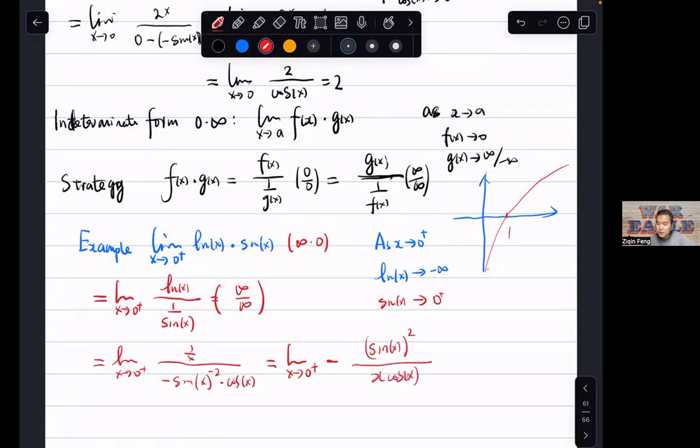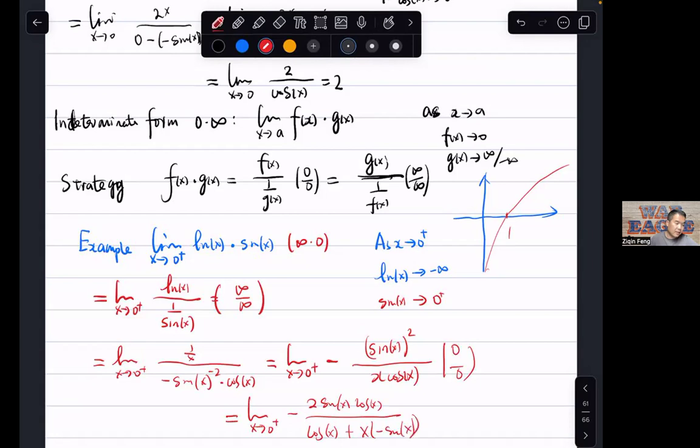Now, if you plug in 0, you get 0 over 0. Sine of 0 is 0, cosine of 0 is 1, x is 0, and 0 times 1 is 0. So now we differentiate one more time. As x goes to 0 from the right side, we get 2 times sine of x cosine of x over cosine of x plus x times negative sine of x.